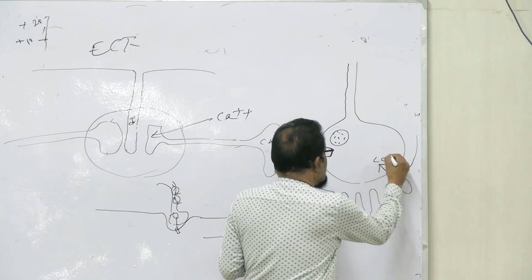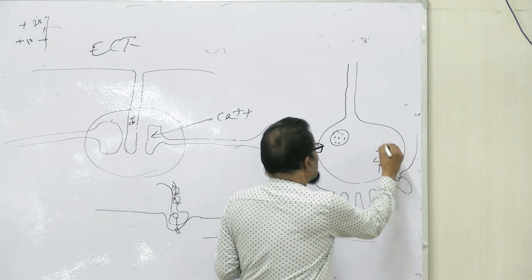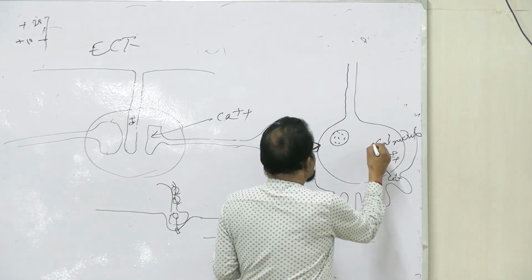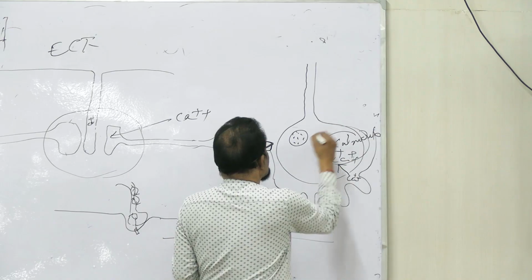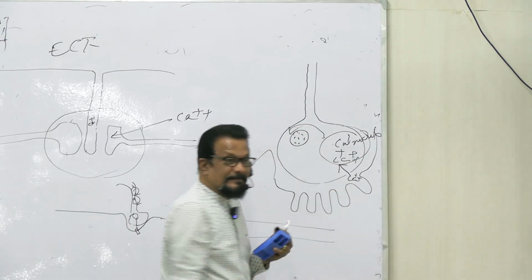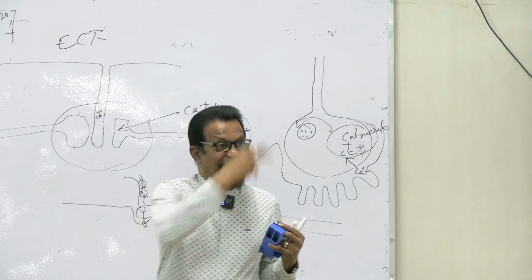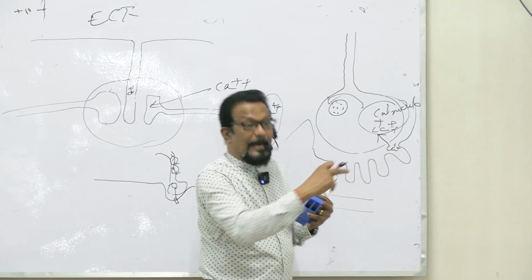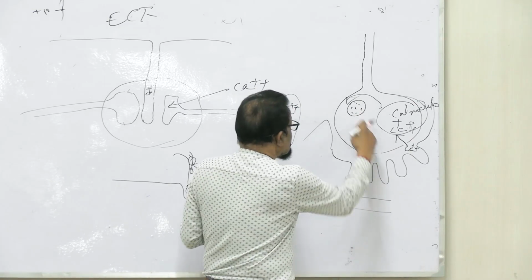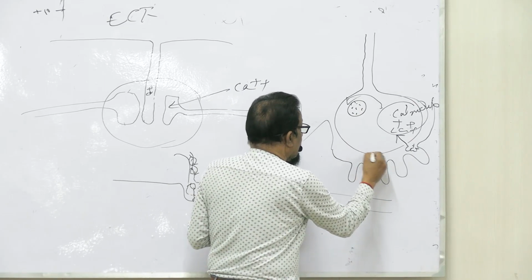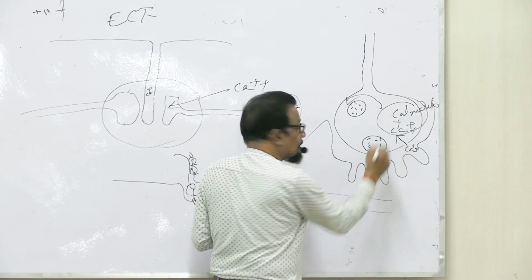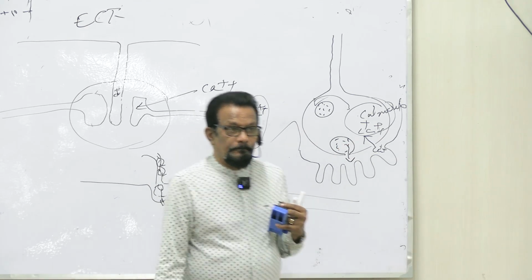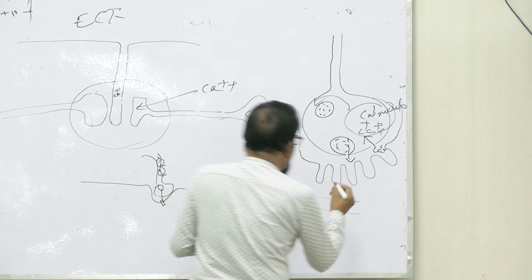This calcium ion will combine with calmodulin, and this complex will cause release of the vesicles from the cytoskeleton. Now, with the action of SNARE proteins, they will be shifted here, and the content will be released. Okay? So here what do we get?